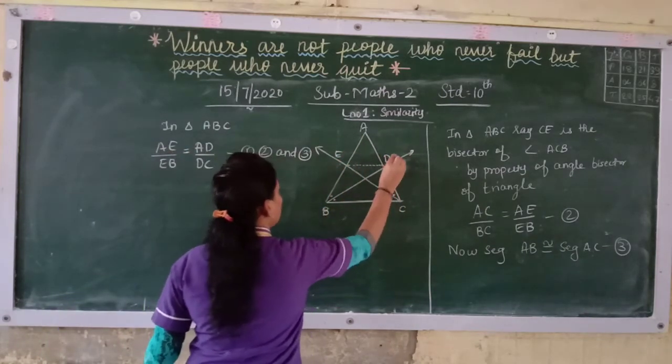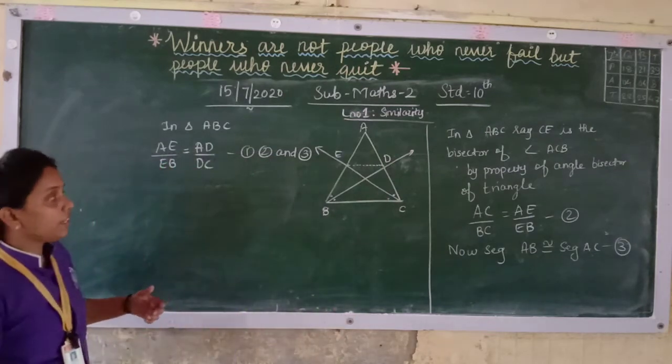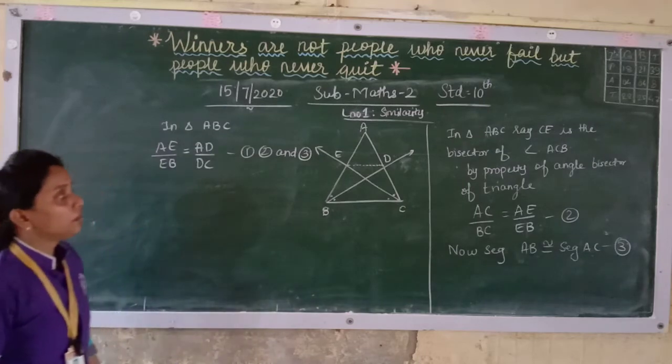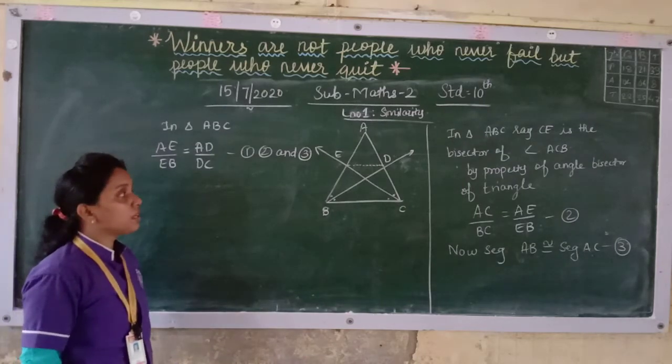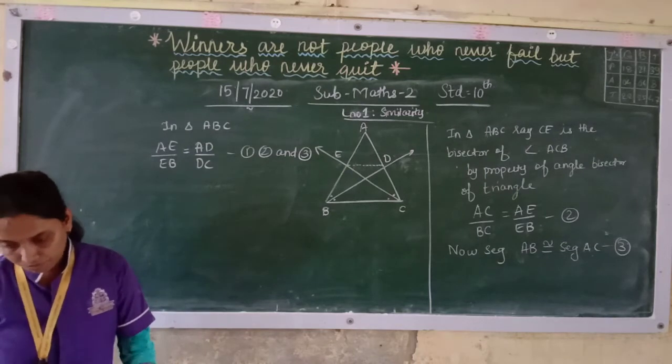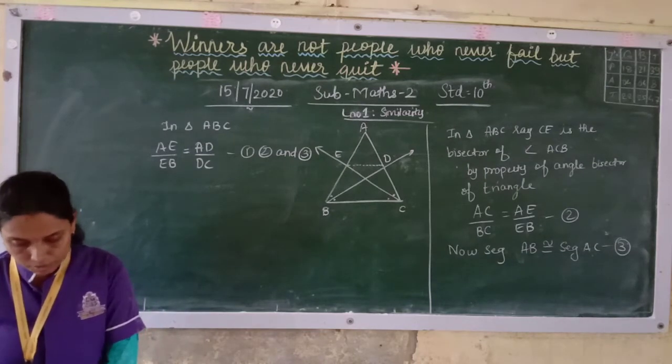So now what you will get? You will get that ED is parallel to BC by converse of basic proportionality theorem. So this is how the 11th sum you will do.